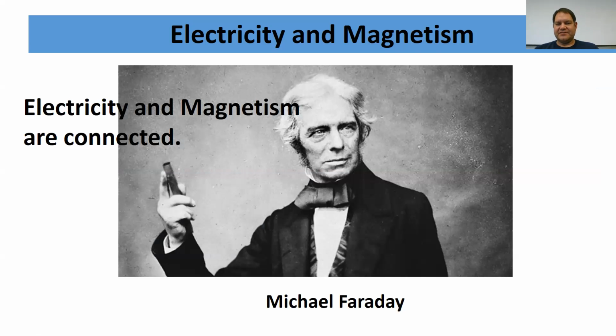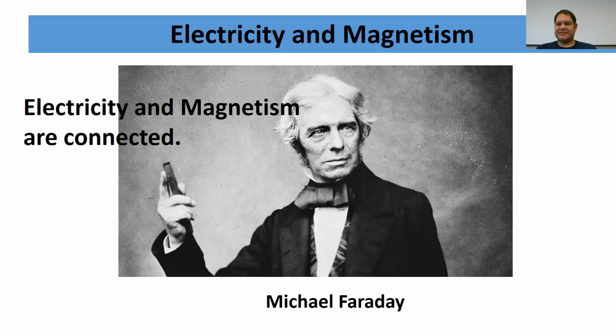Michael Faraday, who you don't really need to know for the test, but I want to bring Michael Faraday into this so you can kind of get a historical perspective of some things. So Michael Faraday is going to be one of the first scientists to really make this connection of looking at electricity and magnetism as being connected. In other words, we're really saying for the very first time that two forces in nature are actually connected to one another.